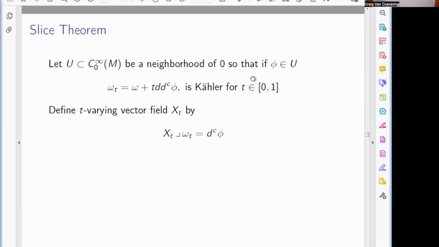Okay, so I'll describe the argument. Consider a neighborhood of 0 in the space of smooth functions.